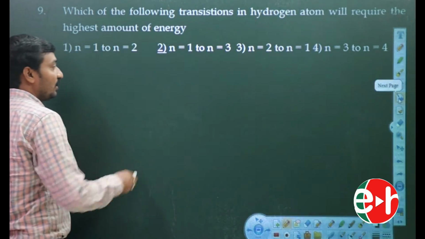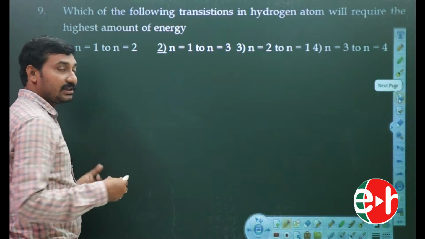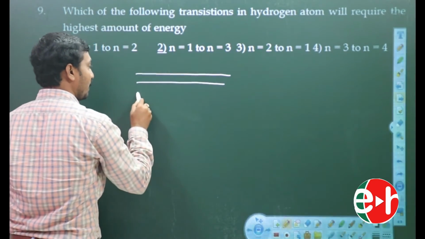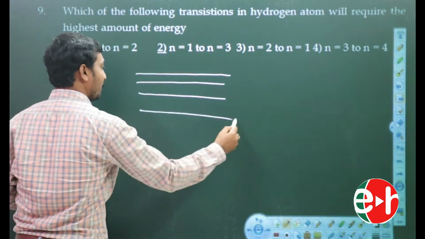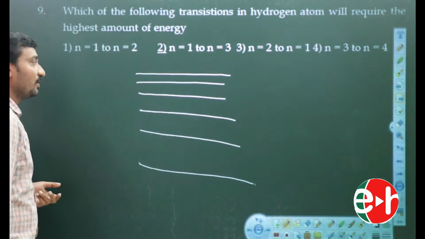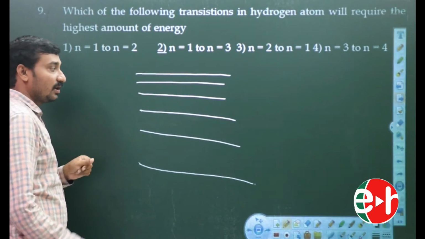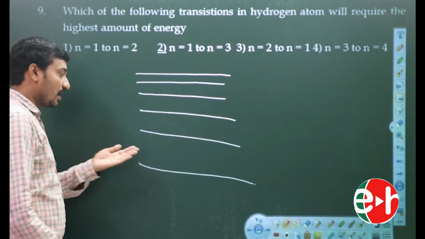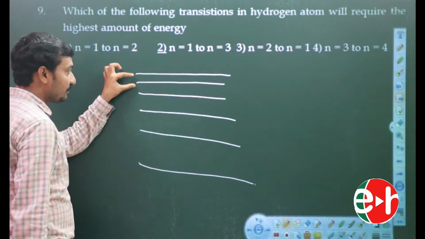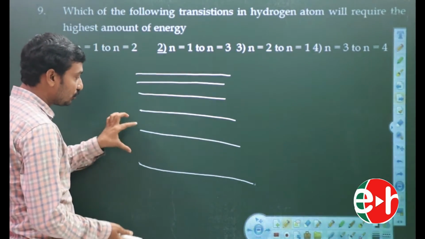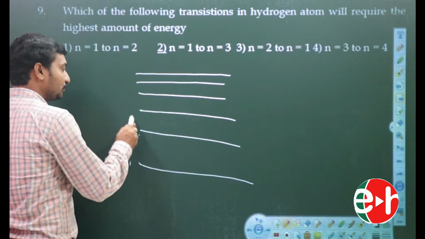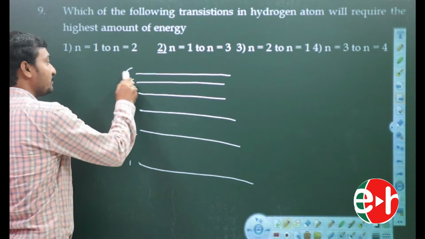See, we already discussed in the hydrogen spectrum, from top to bottom the energy gap increases, and from bottom to top the energy gap decreases. This is N value 1 2 3 4 5 6.